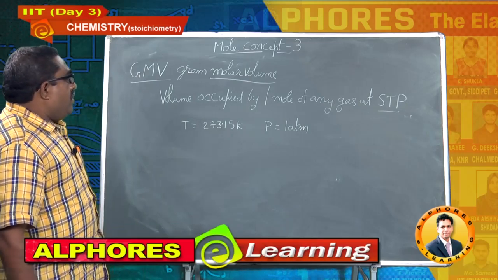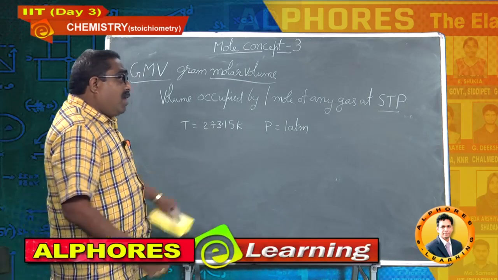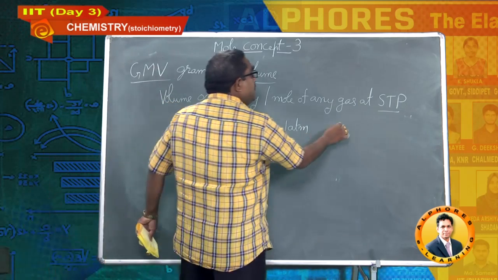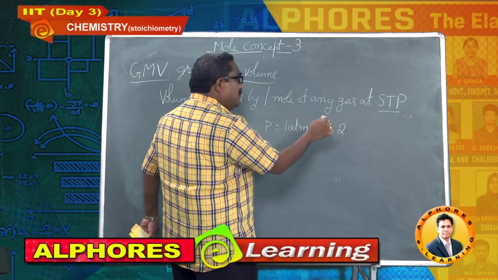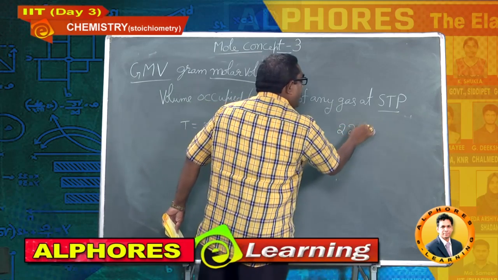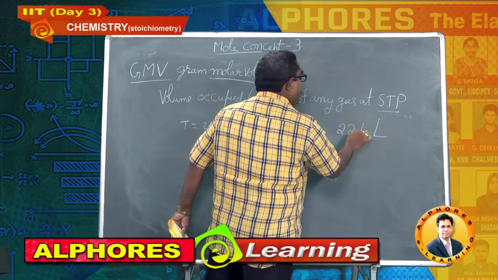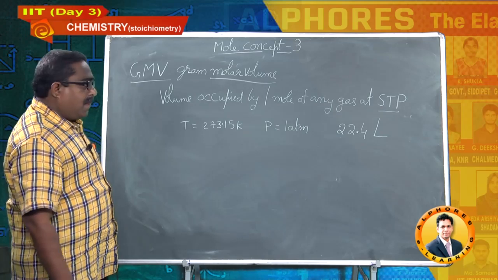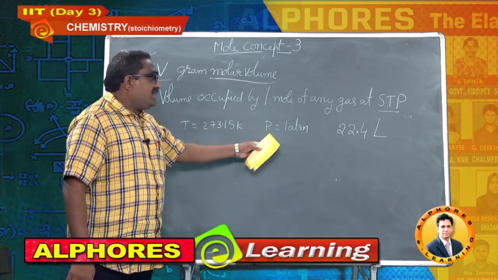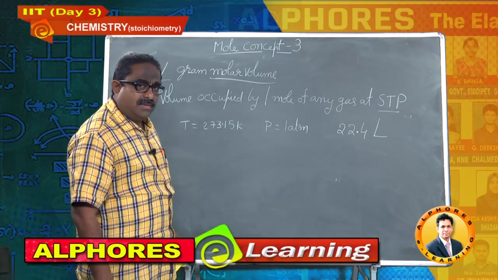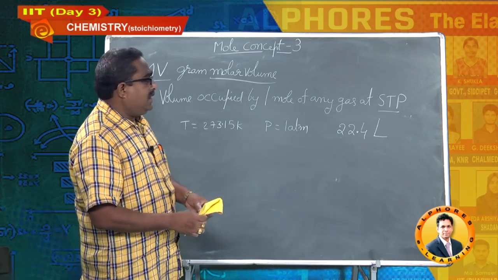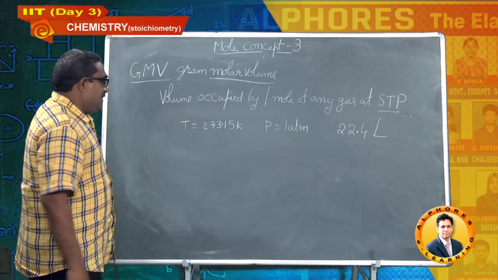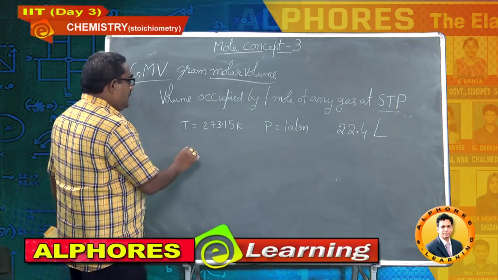Then the volume occupied by 1 mole of any gas at these conditions is constant according to IUPAC, that is 22.4 liters. But in recent days this pressure has changed to bar, another unit of pressure, and the value also has changed a little bit. That also I will give the students as data.